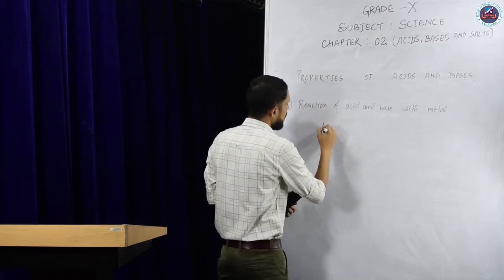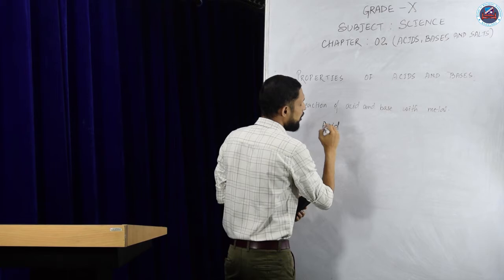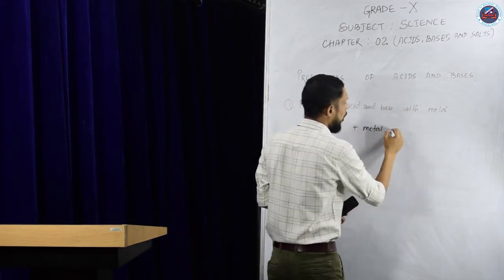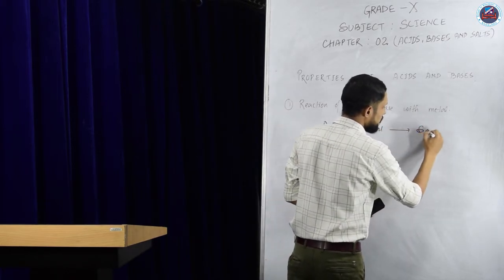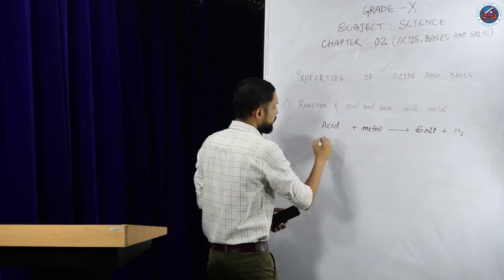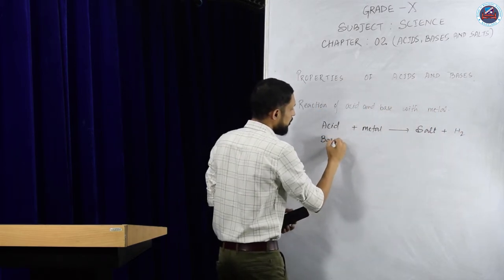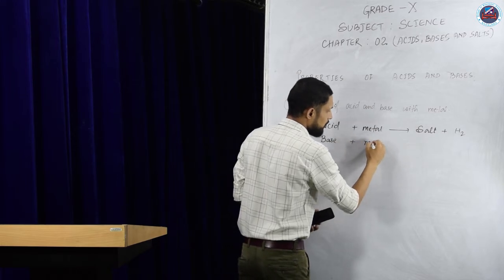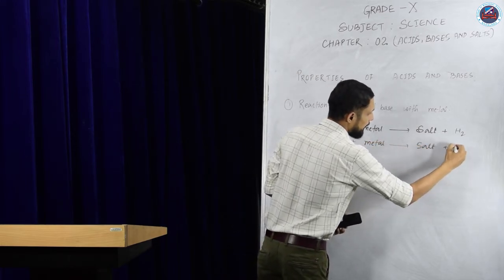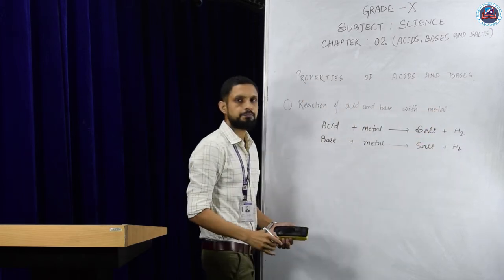If an acid reacts with a metal, it forms salt and hydrogen gas. Similarly, if base reacts with a metal, it forms salt and hydrogen gas.